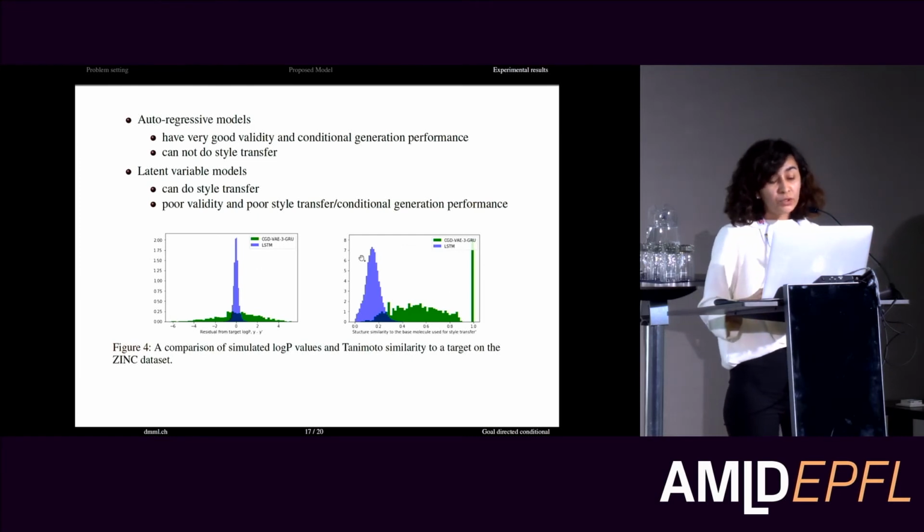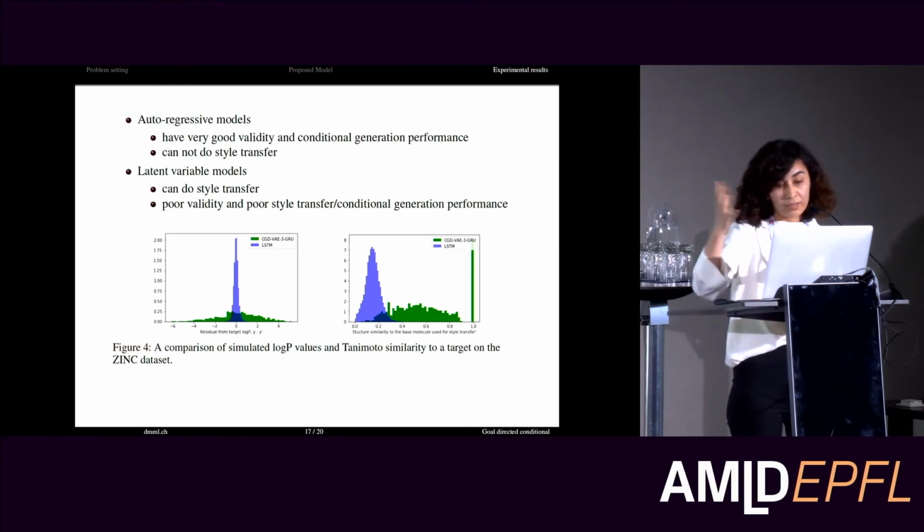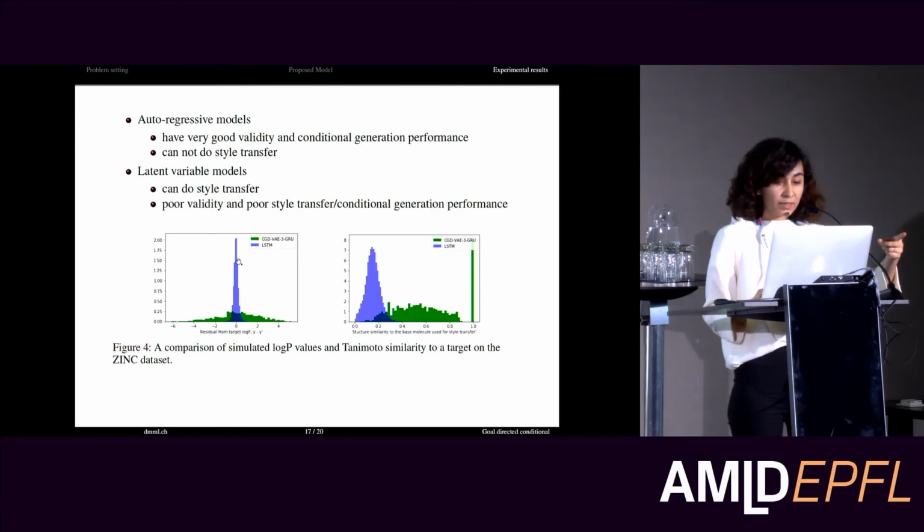And with a latent model, you can do it, but it has poor conditional generation performance when you do a style transfer. So this is statistics on 2 models that we have done. The LSTM resembles the model that I present today. The green one is the one that we did previously.